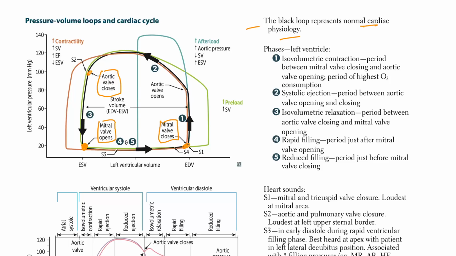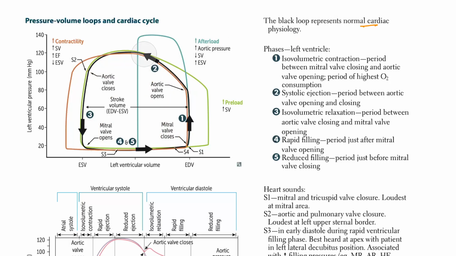Then pressure builds up until the aortic valve opens, and then the fluid goes out of the left ventricle, until it expels the whole blood, and then the aortic valve closes and the pressure decreases, and again filling starts.